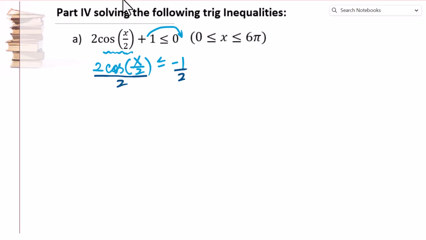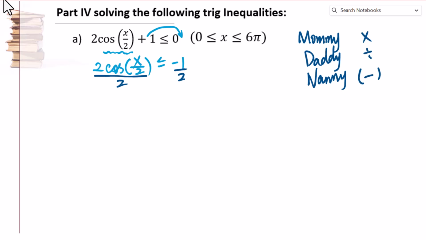The rule for linear inequality is mommy, daddy, nanny. When you multiply or divide by a negative number, you need to switch the symbol. Divided by positive 2 on both sides, the symbol stays.